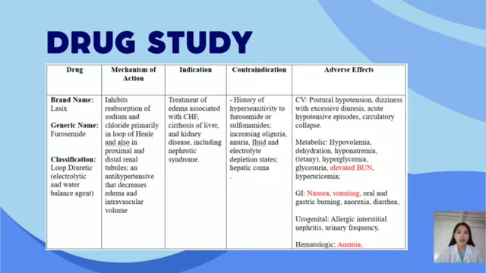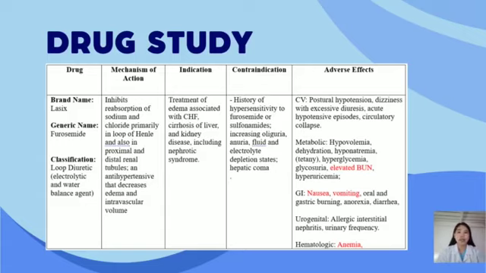Next is furosemide, also known as Lasix, under the classification of loop diuretics. These are electrolyte and water balance agents, and it acts to inhibit the reabsorption of sodium and chloride primarily in the loop of Henle and also the proximal and distal renal tubules.